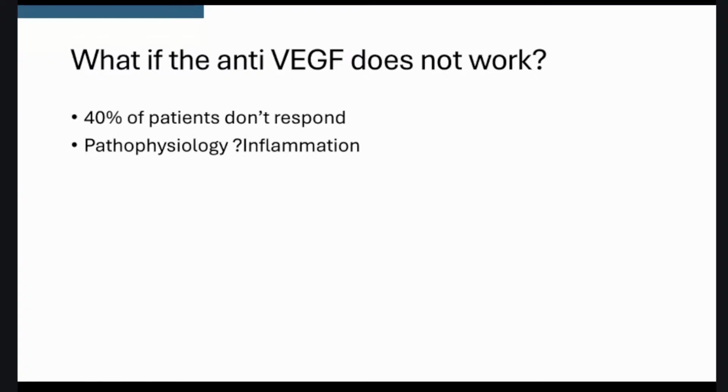Another thing to consider is the pathophysiology. So you've given them an anti-VEGF, but the patient may respond to a steroid because it's primarily inflammation driven. And so even if they don't respond to anti-VEGFs, it doesn't mean that they won't respond to another form of treatment. And then there's a variability in VEGF expression. Not all patients respond the same to all the anti-VEGFs. So one patient may not respond to bevacizumab, but they may respond to ranibizumab.